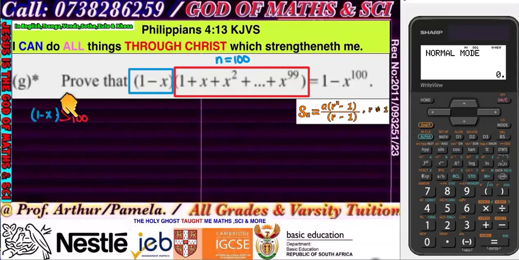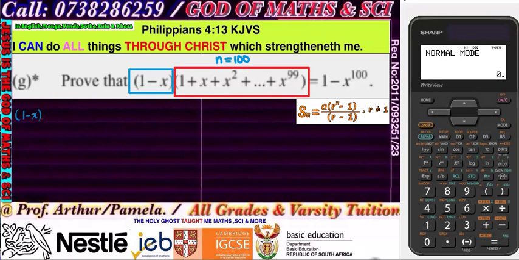All I need to do is solve the red one. Then we will be in good terms. That is exactly how I'm going to do it. So I'm going to keep that one in brackets, 1 minus x, like that.